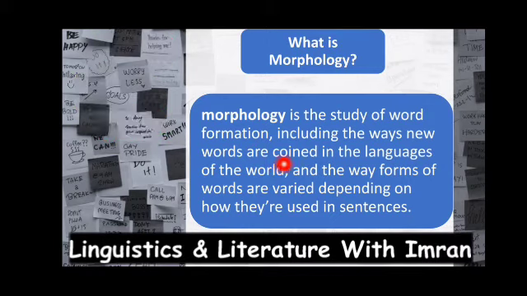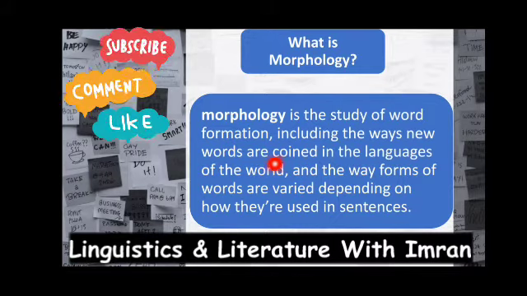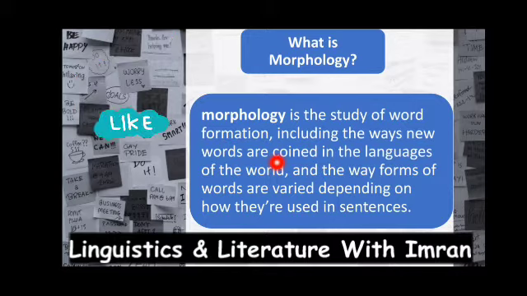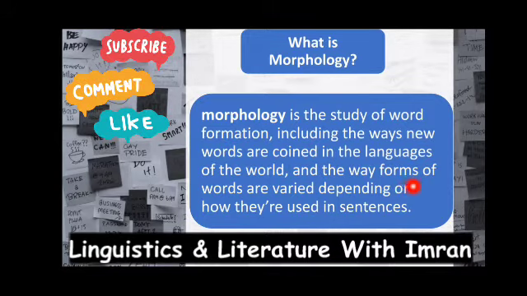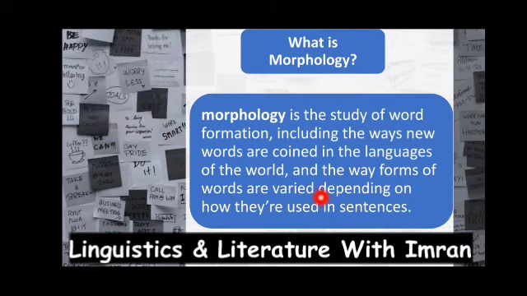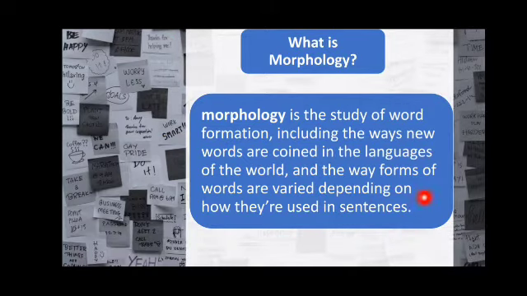So we also study how new words are coined from old lexemes we have in the dictionary. And the third part says that the forms of words vary depending on how they are used in a sentence. We have different forms of a word. So we will develop and discuss this notion on a coming slide.